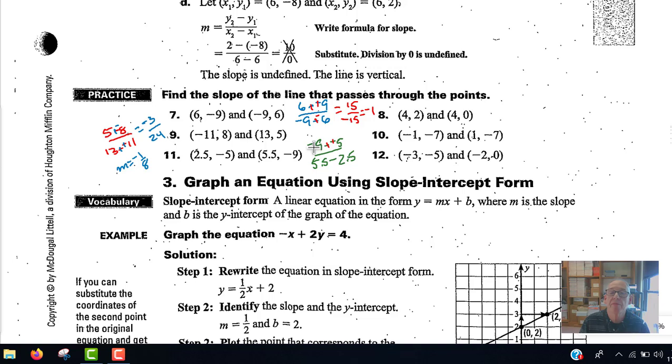A -9 plus 5, biggest number is a negative, and the difference of these is 4. So we get -4 out of those. And 5.5 take away 2.5 is 3. So we get -4/3 for the slope that goes with number 11. So those are our slopes that go with 7, 9, and 11.